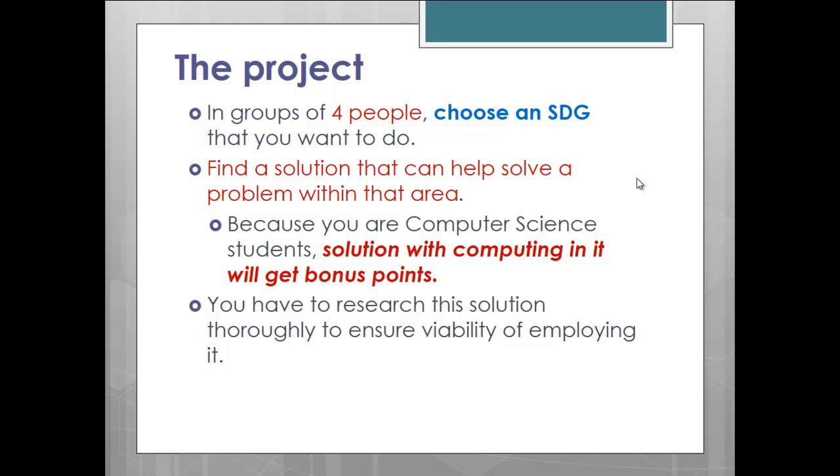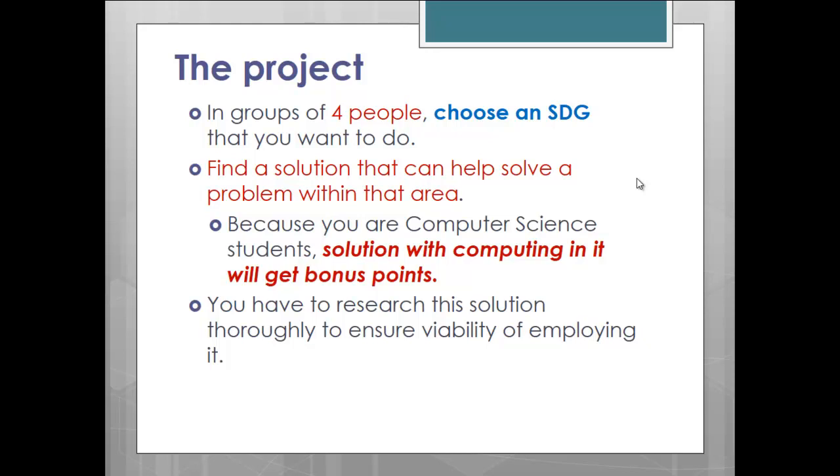Then within that SDG, for example, zero hunger, what you need to do is to find a solution that can help with zero hunger. Okay, it can be anything. Now, because you are computer science students, a solution with computing in it will get bonus points.